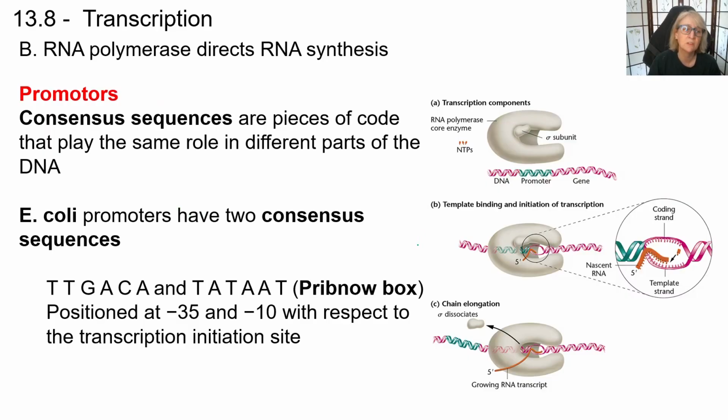Promoters are sequences of code that play a role in telling RNA to attach to that particular area because there's a gene downstream. Promoters are often consensus sequences. That means it's a sequence that is the same everywhere it's a promoter. Consensus sequences are common in bacteria, less so in eukaryotes.